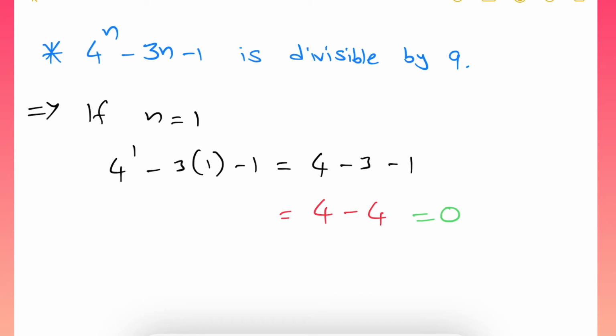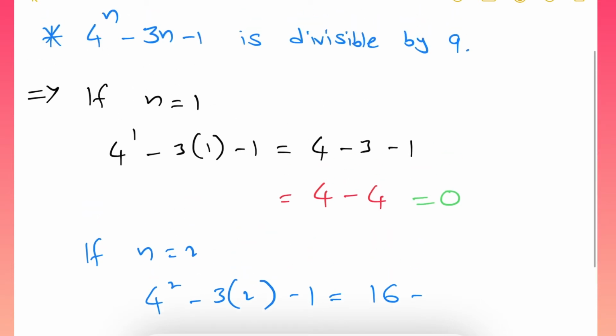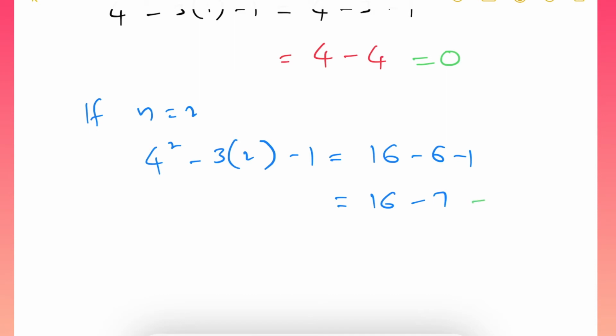Now I will take n equals to 2 and check that also. If n equals to 2, we get 4 power 2 minus 3 into 2 minus 1, which is 16 minus 6 minus 1, minus 7. 16 minus 7 is nothing but 9.